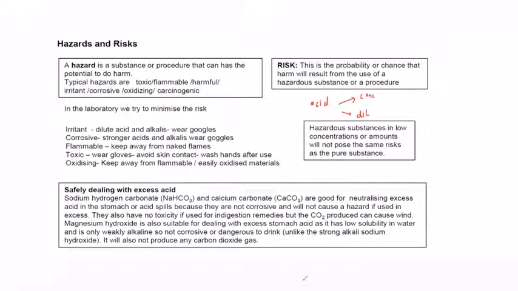Why? Because concentrated acids are corrosive, so they are harmful, they have a hazard. So we reduce the risk that they can harm us by using a dilute acid. Is this concept clear? Any doubt in this?